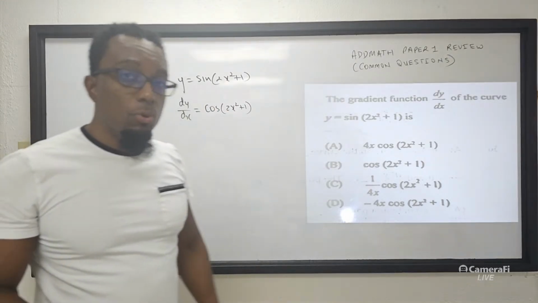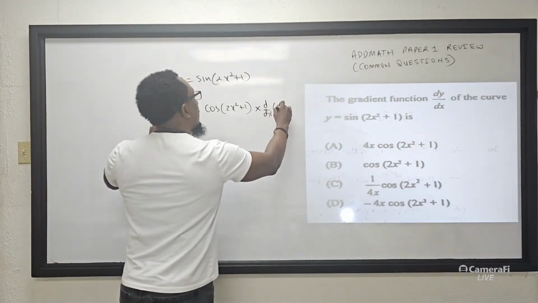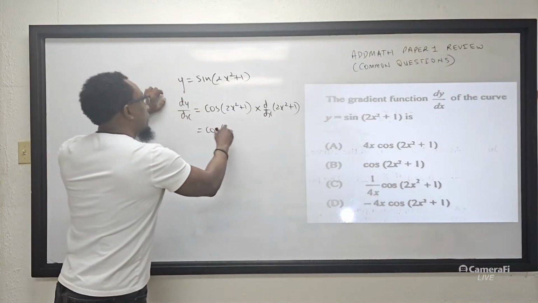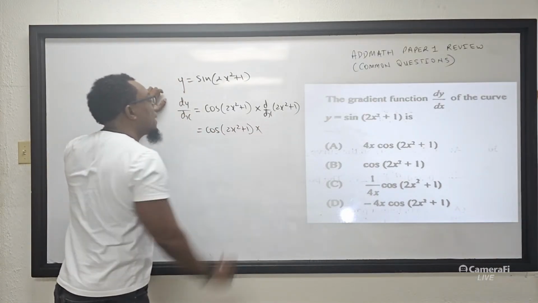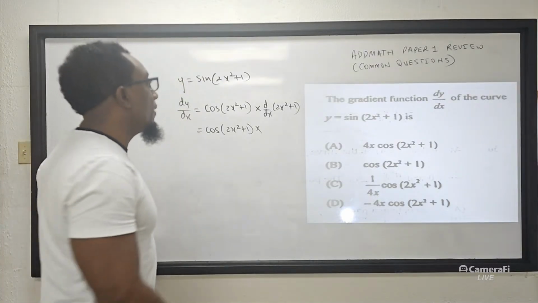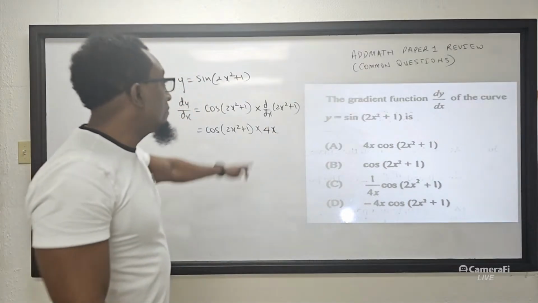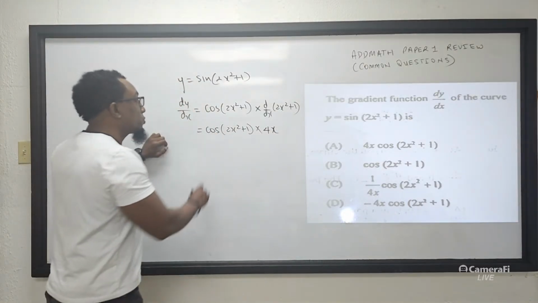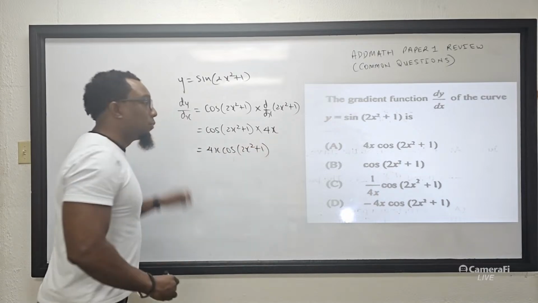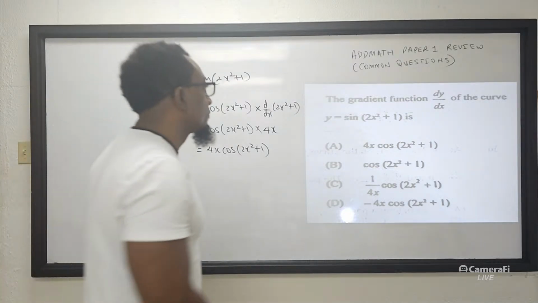Remember the chain rule times the differential of the angle. So this becomes cos of 2x squared plus 1 times the differential of 2x squared plus 1. The differential of 2x squared will be 4x, and the differential of 1 is 0. So multiplying 4x by cos of 2x squared plus 1, 4x cos of 2x squared plus 1 will be your answer, which is A.